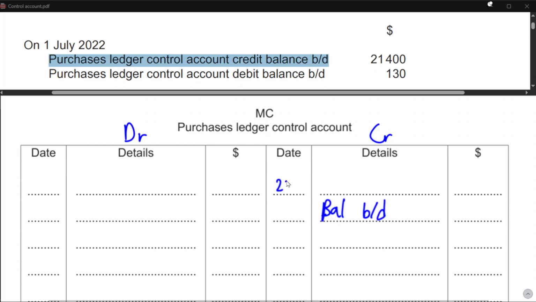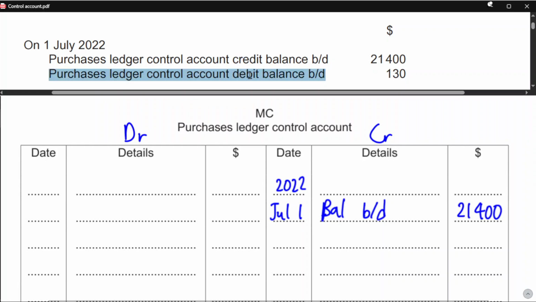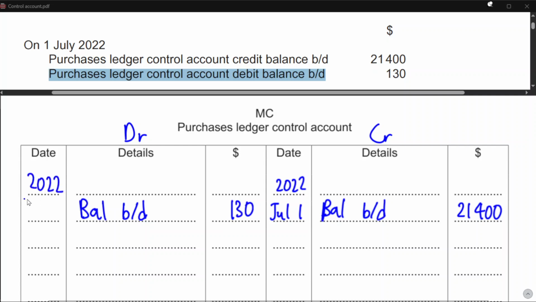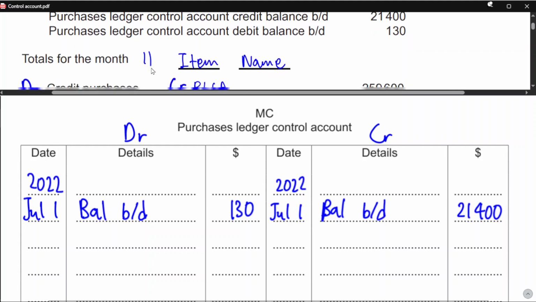So okay. The second line will be debit balance BD. So debit balance BD. Just 130, then 322, July 1. Okay. Now go to next line.